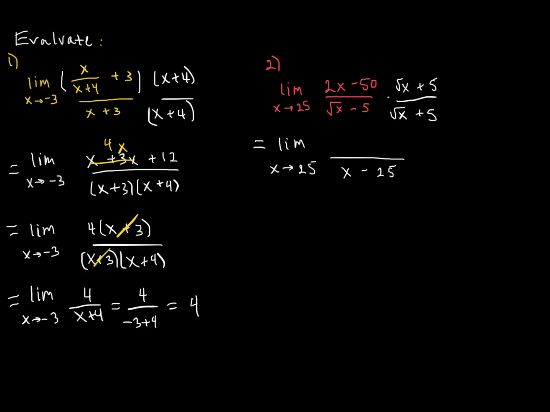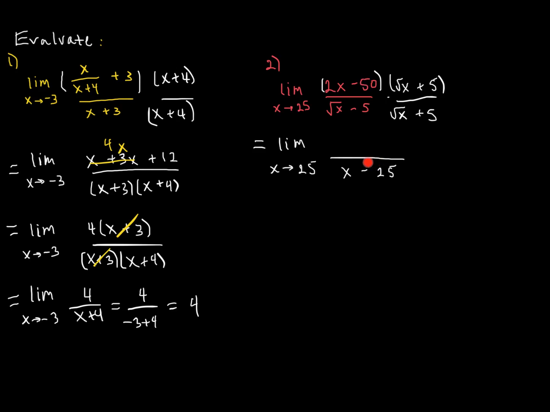Now look at your numerator here. You're going to have this times this, okay? And just take a look for a second and notice, do you have anything that is close to x minus 25? Well, this has a square root in it, so that's not going to help you get anywhere, right? This doesn't. And notice that you have x and you have minus 50, right? 2x minus 50.